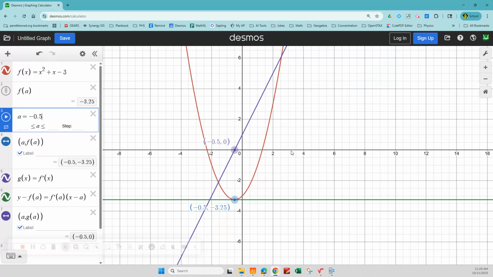That makes sense, because what's the slope of the tangent to the curve at the vertex of that parabola? Well, there's the tangent line, the green line. What's the slope of that green line? 0. It's horizontal, right? So that makes sense, doesn't it? The place where the red graph has a horizontal tangent line, a tangent line with a slope of 0, must be the place where the purple derivative function has a value of 0.